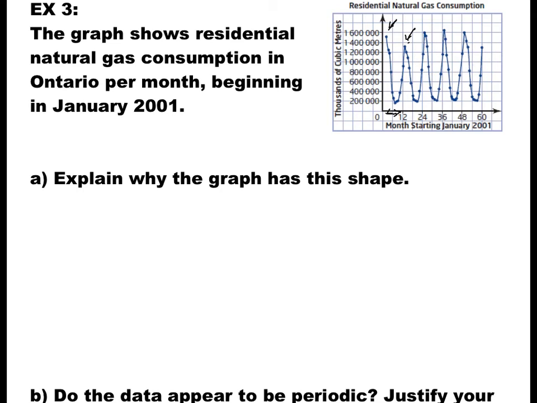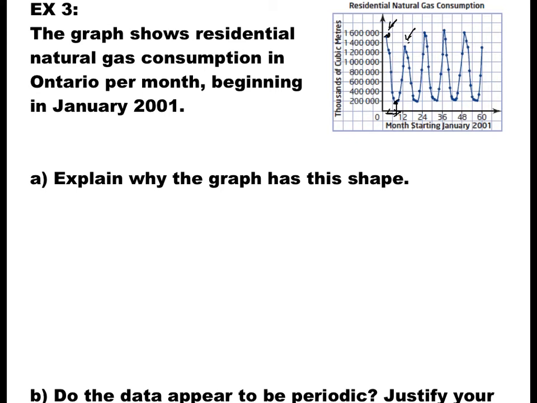Since January is in the winter and it's a cold month, the amount of natural gas which is used is going to be very high, so that's why we have a high point here. The midpoint, which is here, is going to be approximately in the summer when the weather is warm, so the amount of gas used is going to be lower.